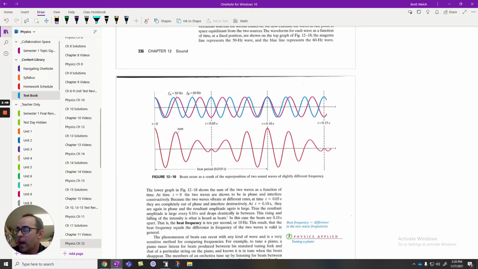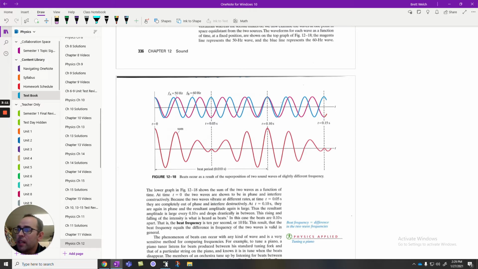So we hear something different than each note on its own. We will hear what's called a beat frequency. You can often think of it as a wah, wah, wah in the background of a sound. You'll hear the sound, but then an oscillation in its volume. That's called the beat frequency.